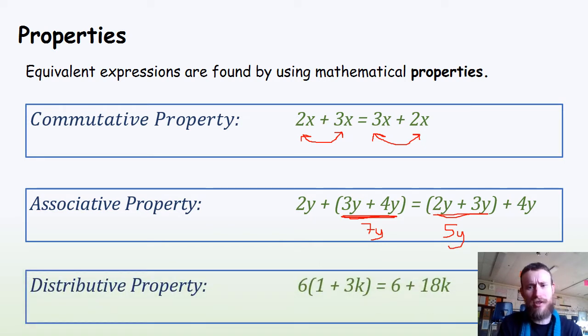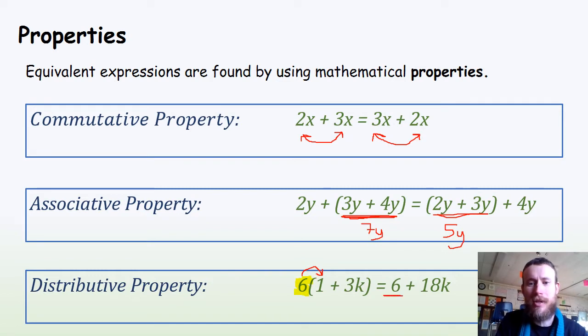And very important, the distributive property. When we have a number in front of a parentheses, like this 6 here, this is a multiplier. Any number in front of a parentheses. We're going to use the distributive property a lot when we're finding equivalent expressions. So we're going to do 6 times 1. Sometimes I draw arrows like this. 6 times 1 is what? Well, 6.